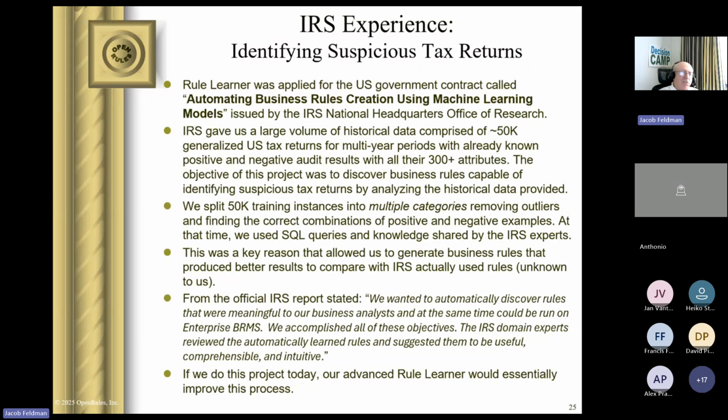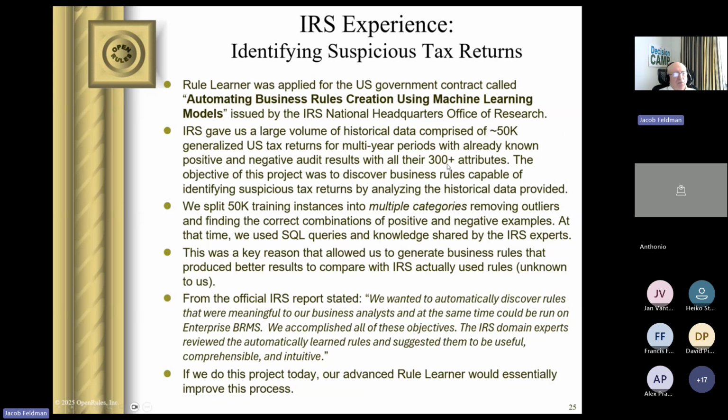We won a contract with IRS when IRS gave us a large volume of historical data comprised of a little bit more than 50,000 generalized United States tax returns over a multi-year period of time. And we already knew these records included positive and negative audit results of people with different characteristics, and also companies, mid-size and small businesses with different characteristics.